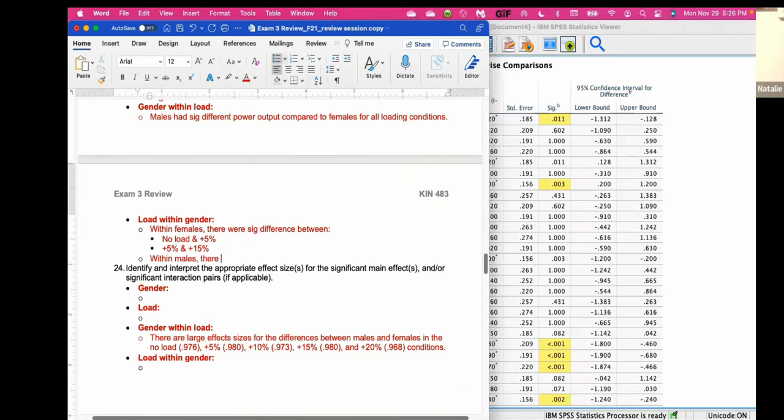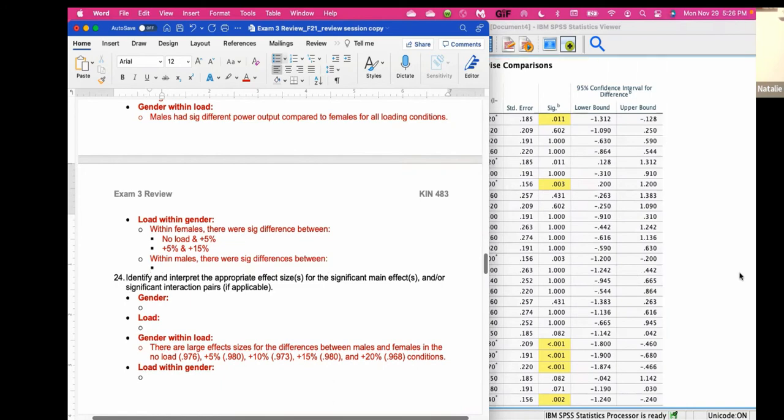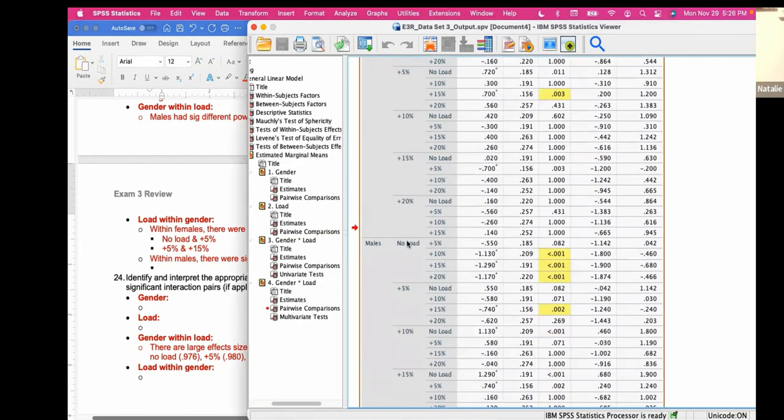Within males, there were significant differences between, let's see. We have differences between no load and 10%, 15%, and 20%, and then a difference between 5 and 15%.